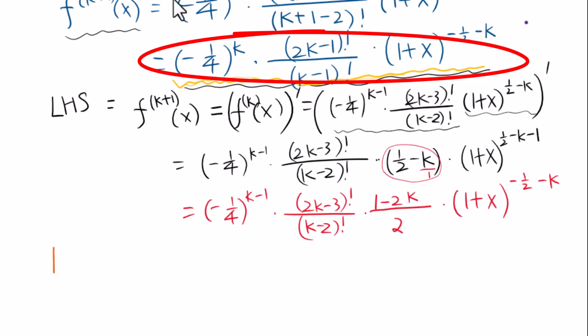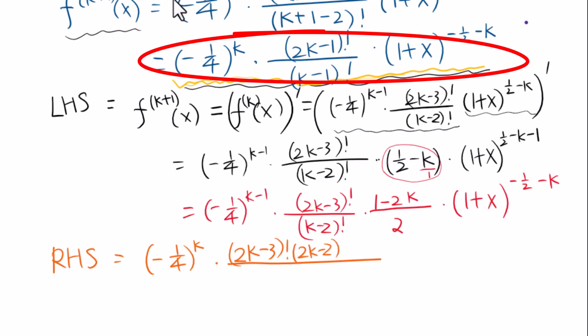Let's get started from the right-hand side, which equals negative 1 over 4 to the kth power, times 2k minus 1 factorial. I can change that into 2k minus 3 factorial times 2k minus 2 times 2k minus 1.